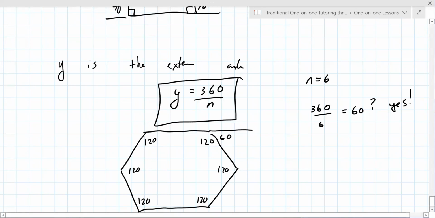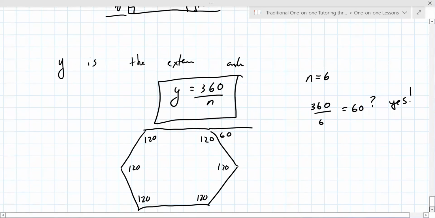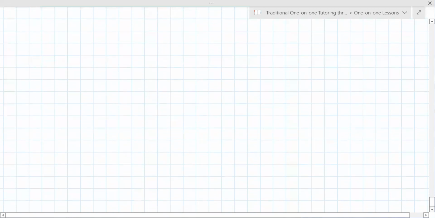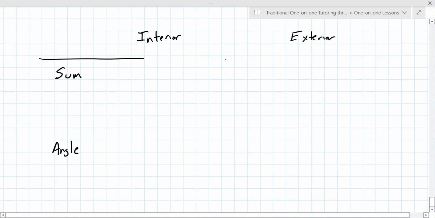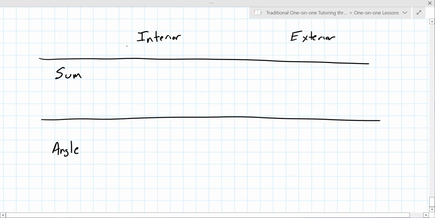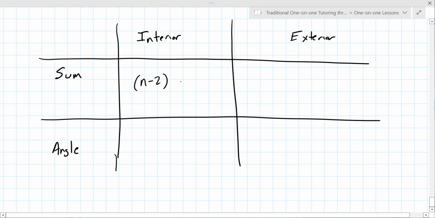There's sort of 4 formulas, so I'll make a table now for you. There's the interior, and then there's the sum, and then there's the actual angle. And then there's the exterior, and then there's the sum, and then there's the actual angles. There's only 4 formulas. The sum of the interior angles is n minus 2 times 180.